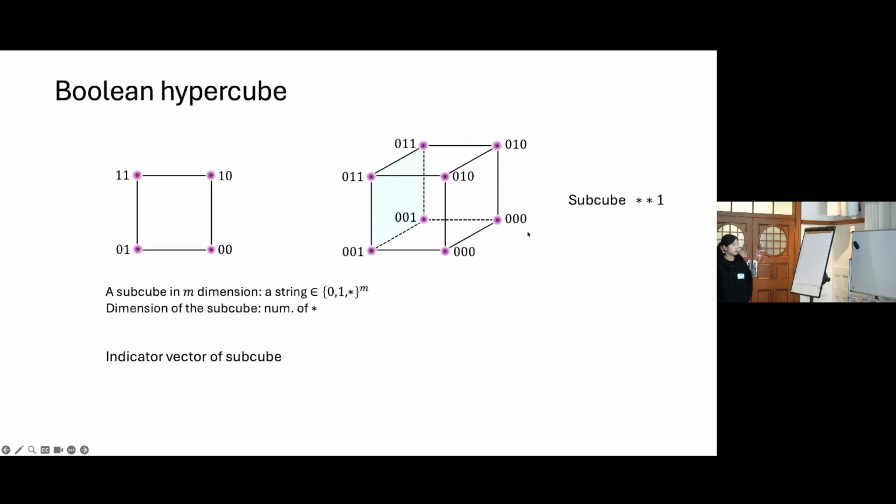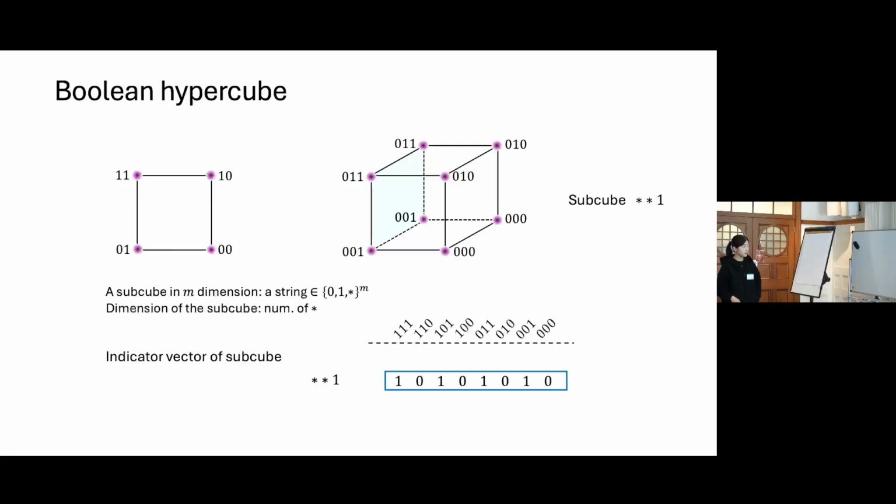Okay, so now we can consider the indicator vector of a subcube, which will be our code words. As an example, here I write down all the coordinates of my 3-dimensional hypercube, and I consider this subcube, star, star, 1, and the indicator vector is just which points it contains. So it will be something like this.